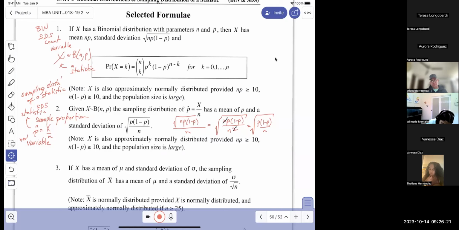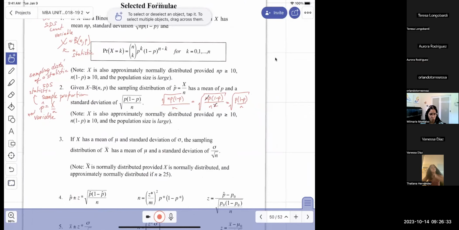And then there's also another statistic, and that is if we're interested in the mean. We already know the mean is like average height, average weight, average income, or average grade.